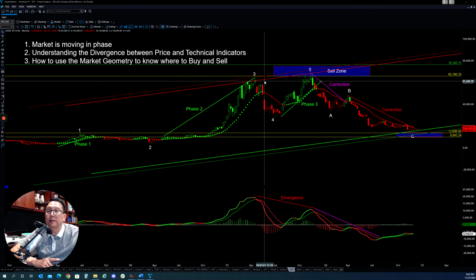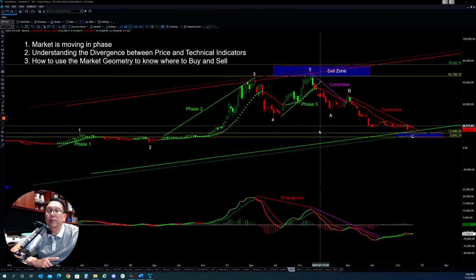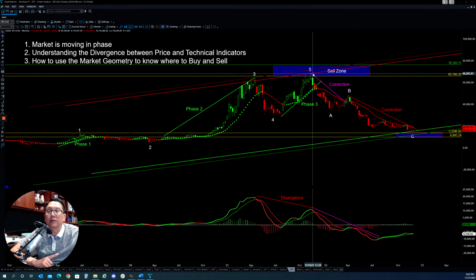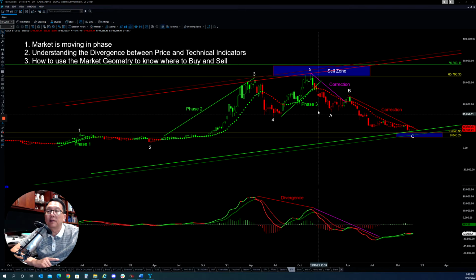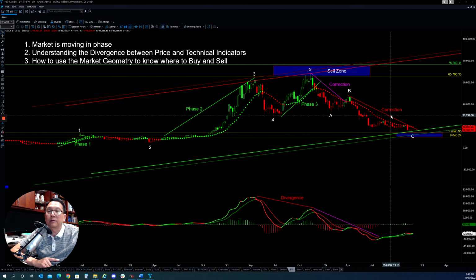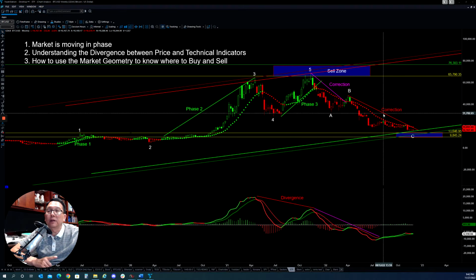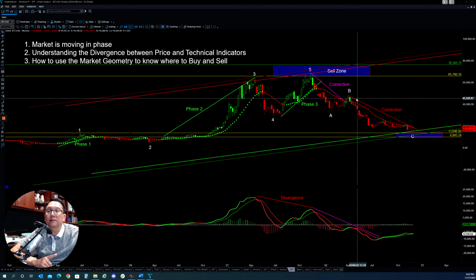So that tells you that you have a divergence between the price and the technical indicator. That could be the end of the move, so you never buy in here. This is where you're supposed to sell, and after they cross again, the market crashed down to the downside.